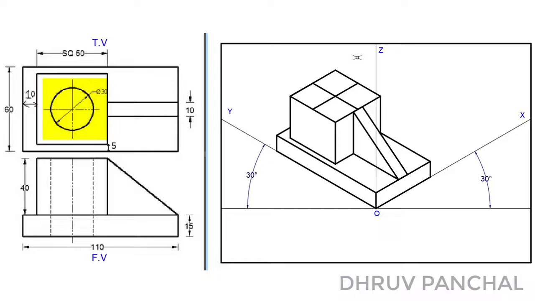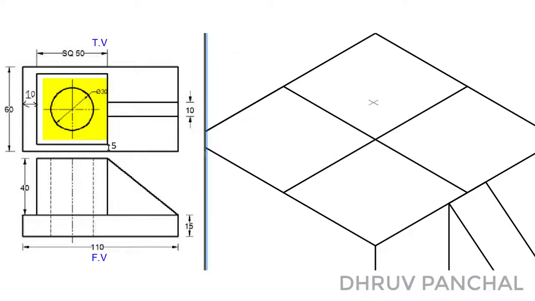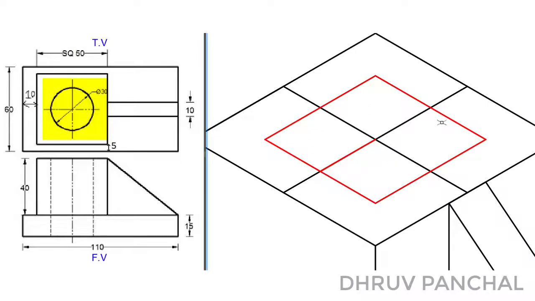For drawing an isometric circle, we have to find the 4 centers. For that, we have to draw a square having a side dimension exactly equal to the diameter of the circle. With the help of a roller scale, draw a square of 30 mm side as shown.